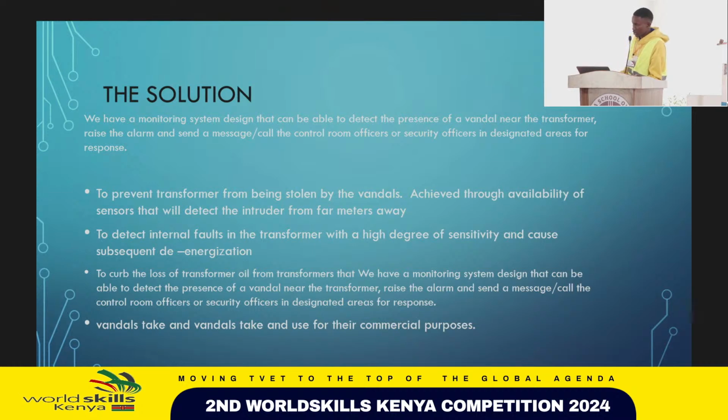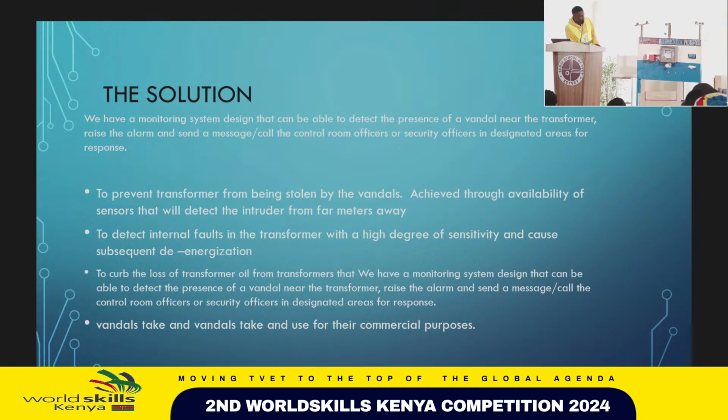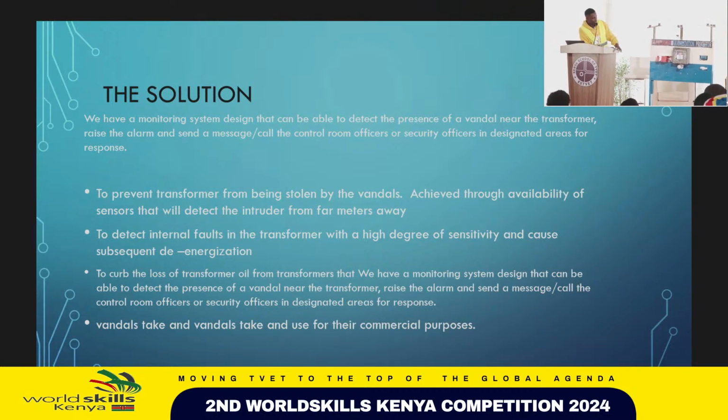And then the solution here, we have a transformer vandalization protector system. It has a solar system. And as you can see here, we have a casing of the transformer. We have the sensor that is going to sense the intruder, and we have a control panel. We control the system of the transformer.